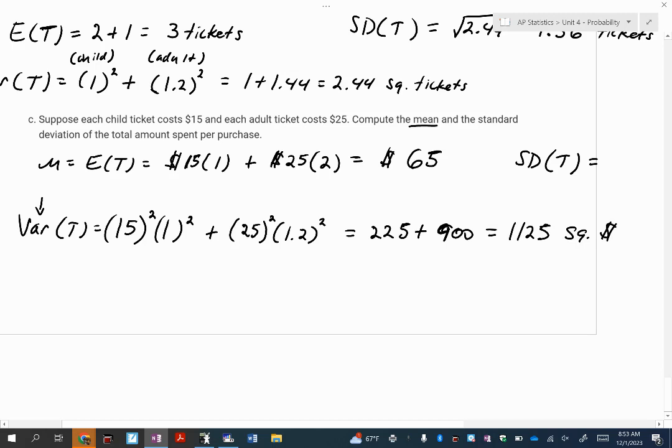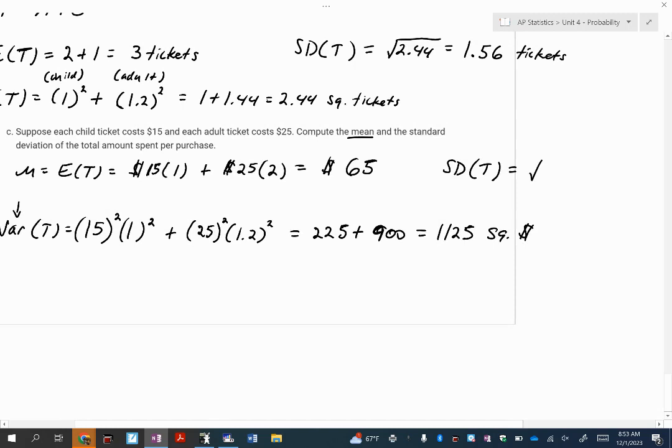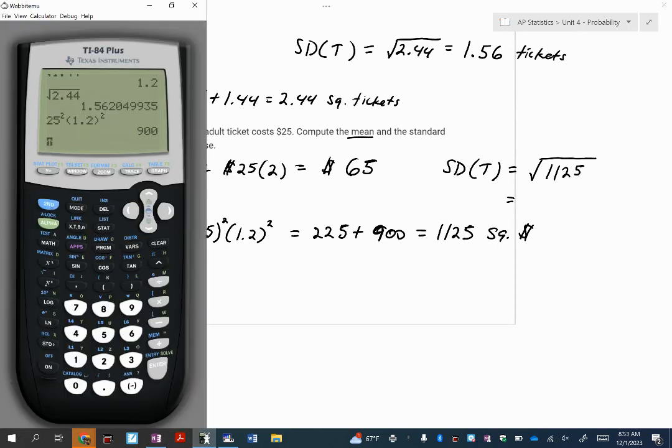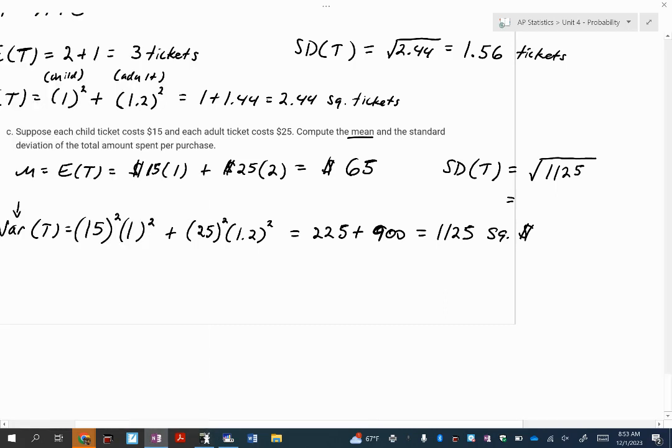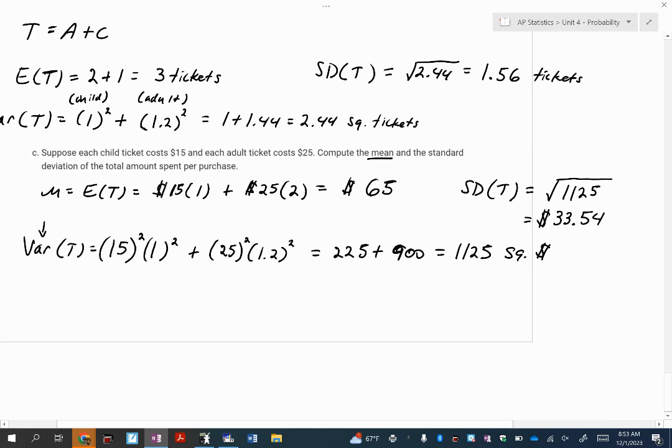To find my standard deviation, I'm going to take the square root of 1125. The square root of 1125 is $33.54. All right, that is it.